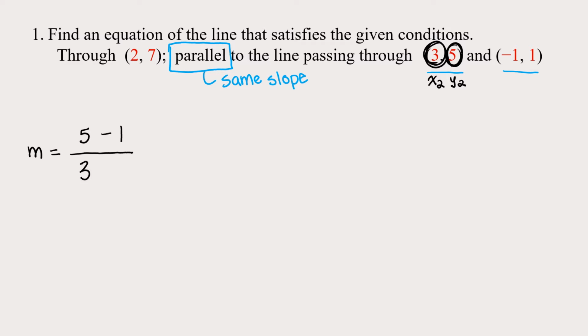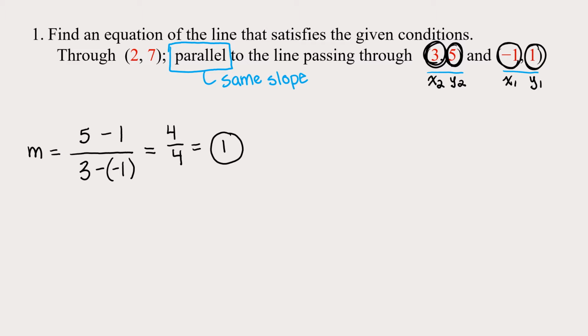So we have 3 minus, and since we used this one as our y1, this negative 1 will be our x1. So we have 3 minus negative 1. So our slope is equal to 4 over 4, which simplifies to 1. And I'm just going to circle that 1 so that I can find it a little easier later.